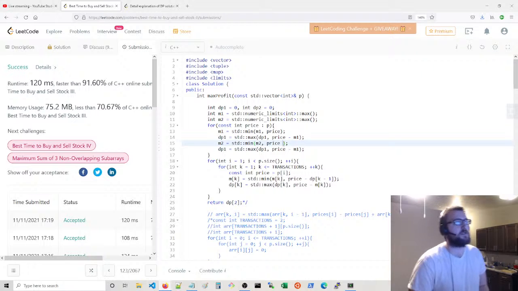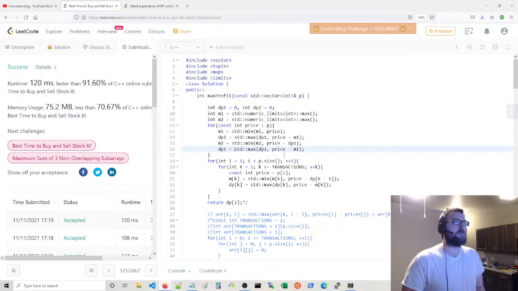We're going to try to find spots where there are differences, where these two pieces of code are not equal to each other. All right, m2 is the price minus dp1, and dp2 is either itself or price minus m2.